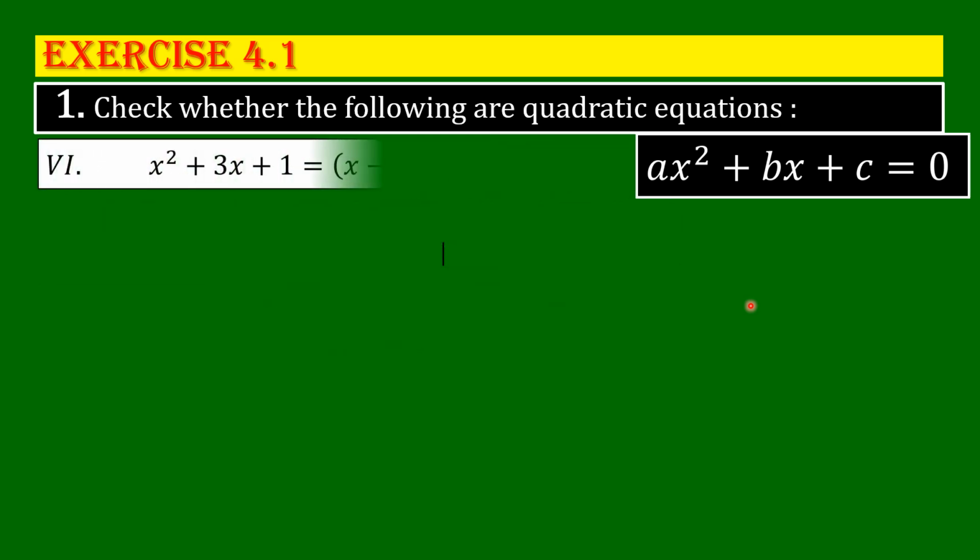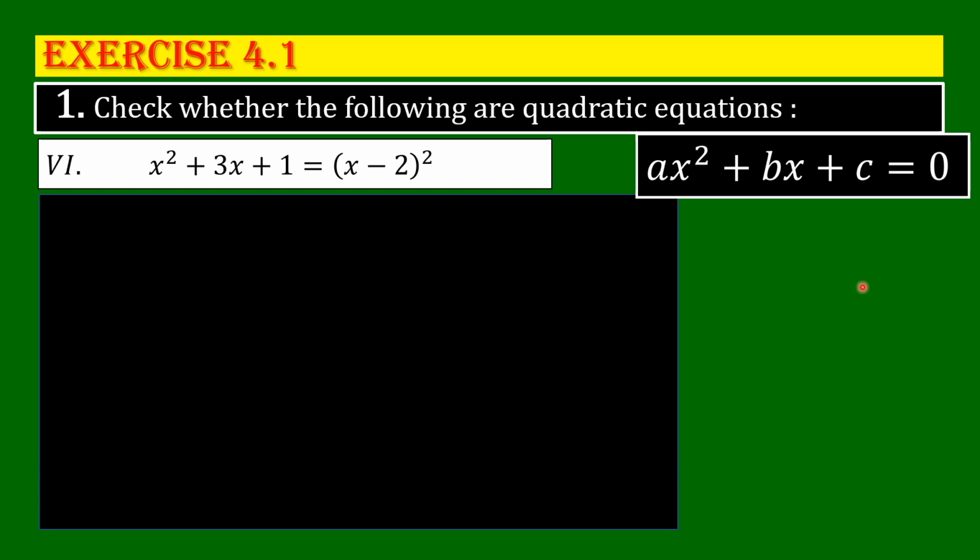Okay, let's take up the second. x square plus 3x plus 1 is equal to x minus 2 whole square. Let's rearrange it also. Left hand side is already bracket free. x minus 2 whole square, a minus b whole square identity. We open it, right?